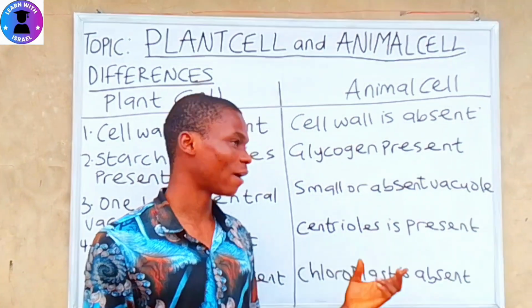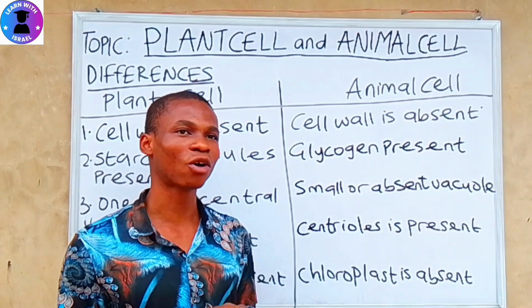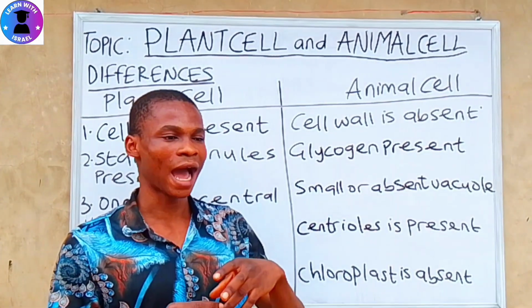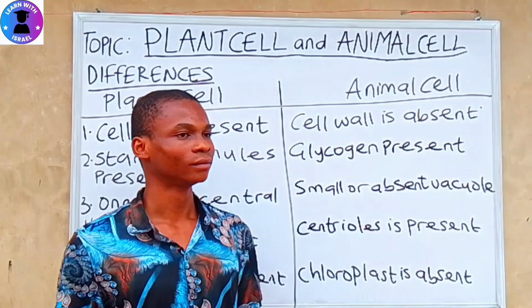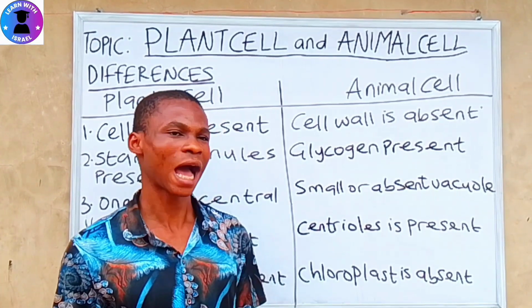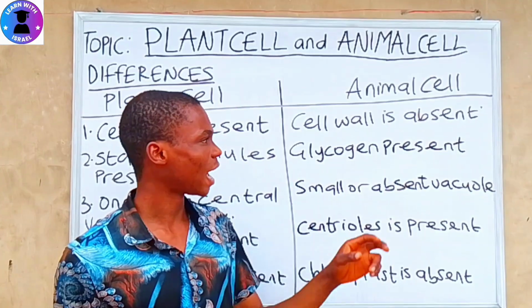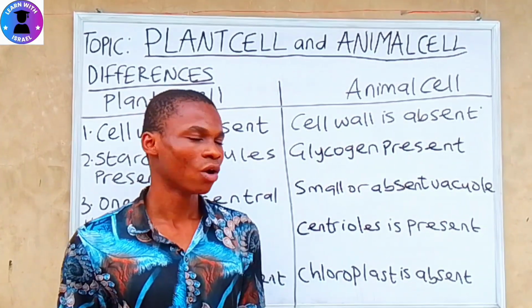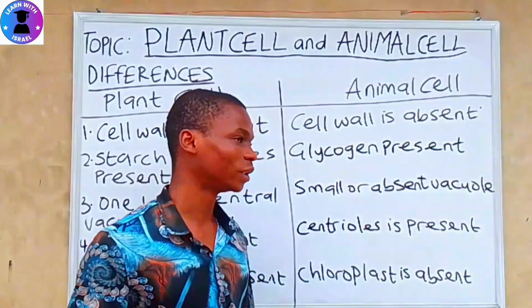Animal cell does not have chloroplast, and they don't need it because they are dependent. They can't derive their nutrients by themselves. They are heterotrophic organisms, while plant cells are autotrophic.